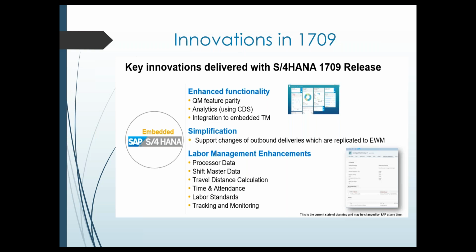Ideally, from till date, till the 1709 release, we did not have an option of changing the delivery quantity once it has been distributed. But from the 1709 release, once the delivery has been distributed, we still have the option of changing the quantity of your EWM outbound delivery.